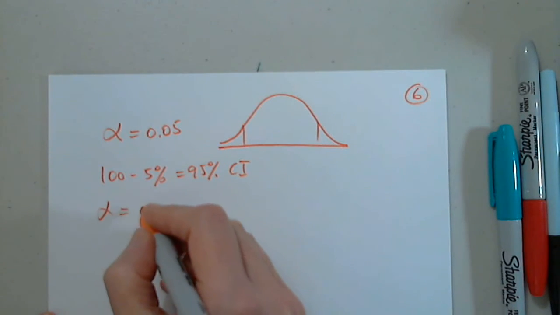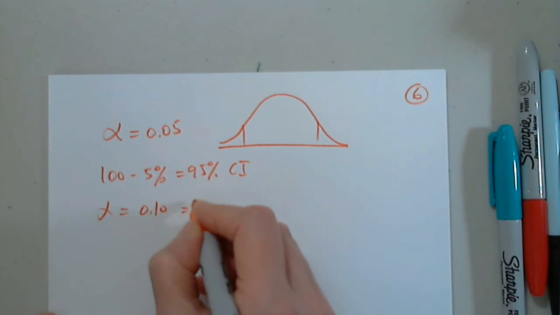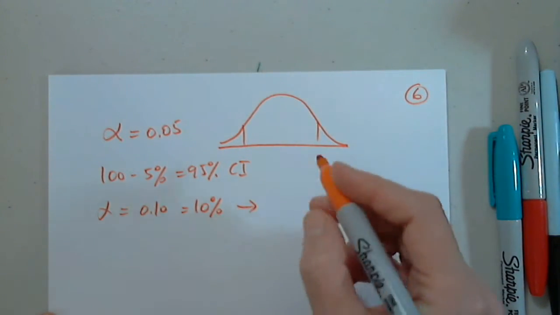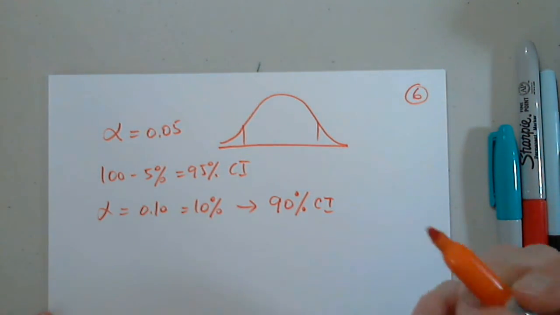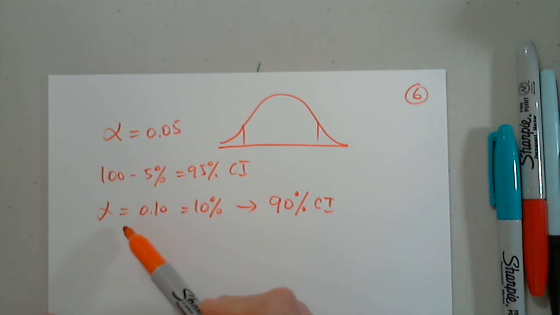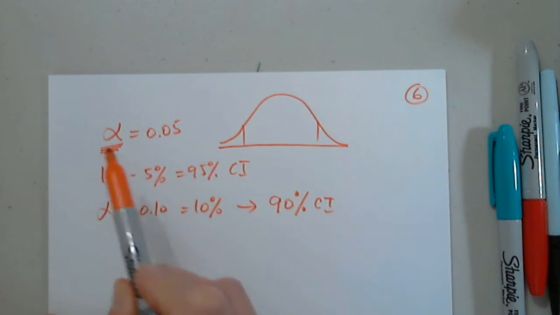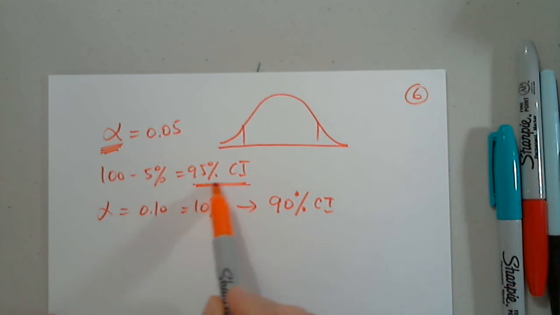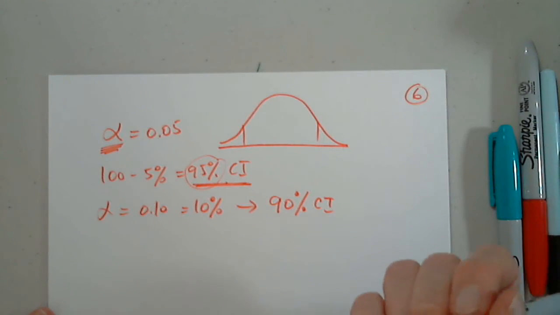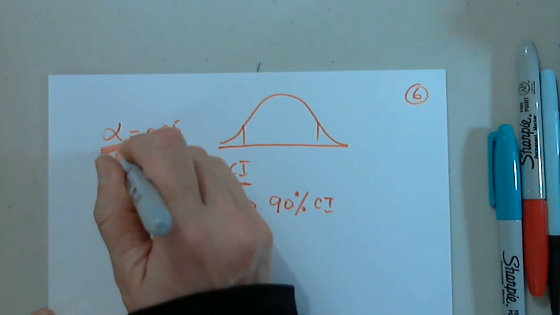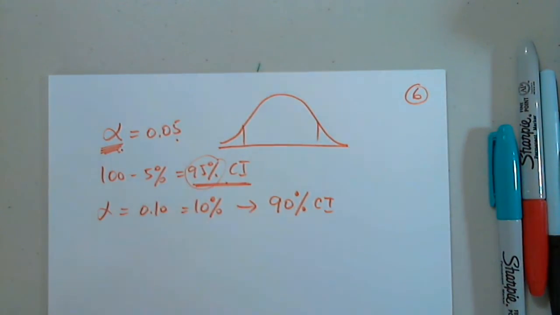If alpha equals 0.10 or 10%, we are looking at a confidence interval which is 90%. So this is the relationship between alpha and the confidence level. When we talk about 95%, that's what we meant, that alpha is 0.05.